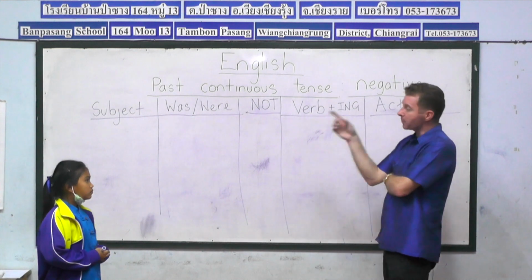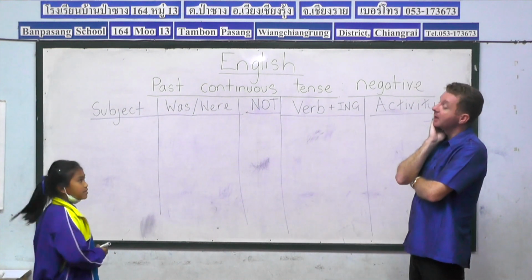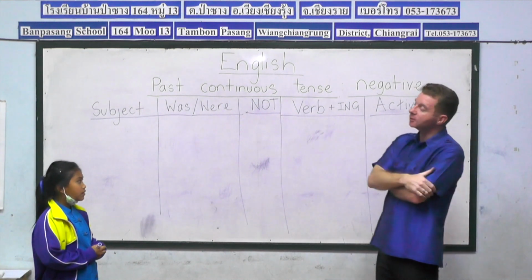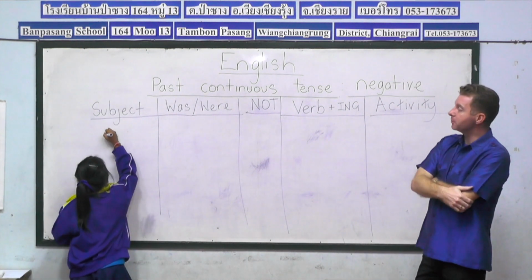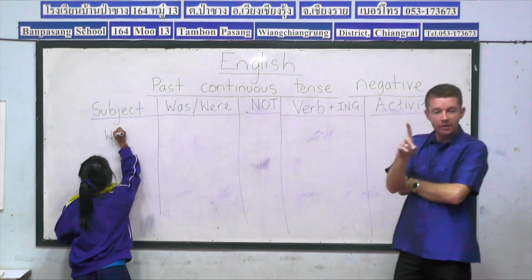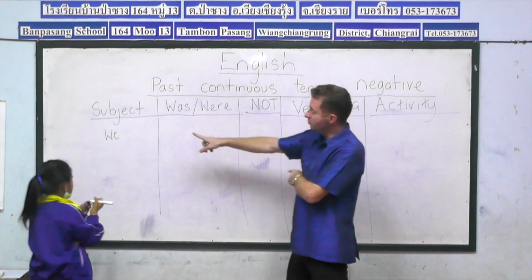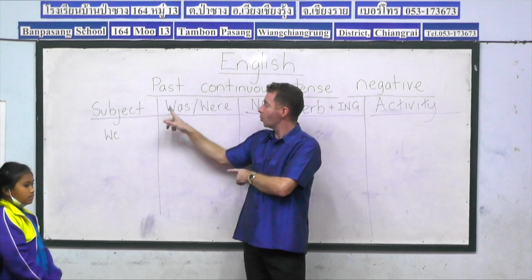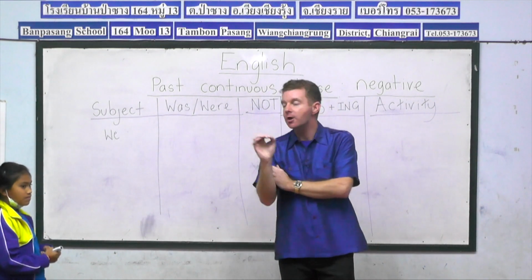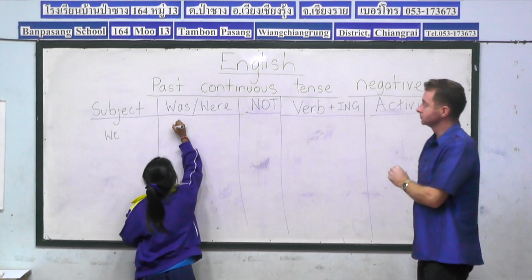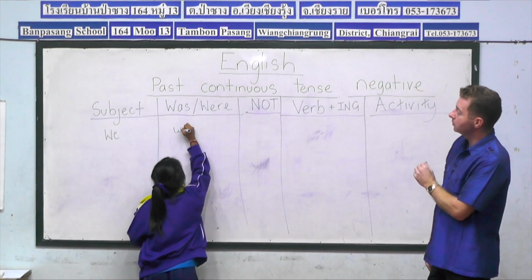What we need first, Pak Bung, what type of word? A subject. So what subject will you use for your sentence? Okay? So Pak Bung has chosen we. Now guys, let's think. If we've got the subject pronoun we, was or were? We were. Excellent. W-E-R-E.